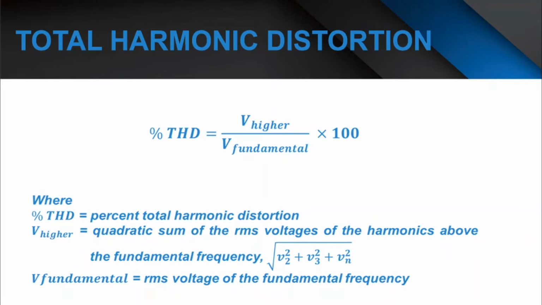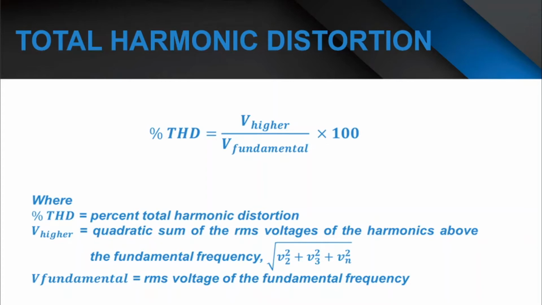Okay, so for example, to get the V higher, the formula is the square root of V sub 2 squared plus V sub 3 squared, and so on, plus V sub n squared.